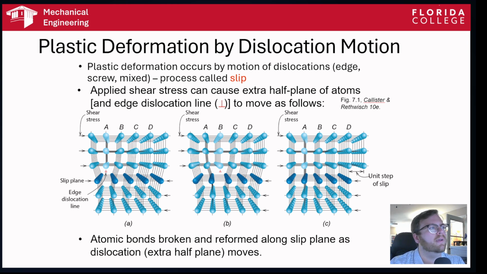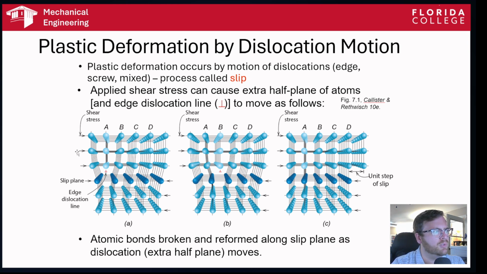Okay, so here's edge dislocation motion. When we start to plastically deform a material, we're starting to break certain bonds in that material. And instead of completely breaking away, before we get to that point, we're going to have our dislocations begin to move around inside of the crystal lattice. So if we look at this edge dislocation right here, we've got our edge dislocation line, and we apply a shear stress to this material.